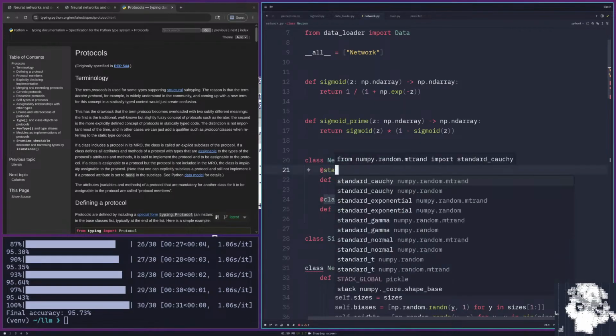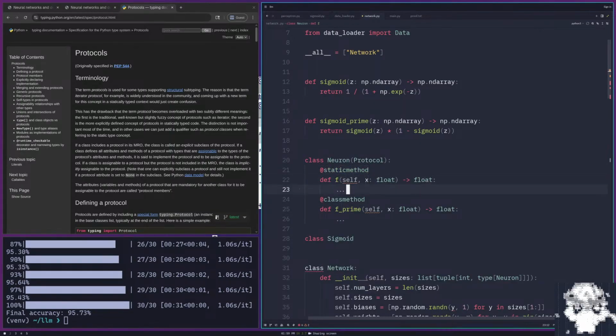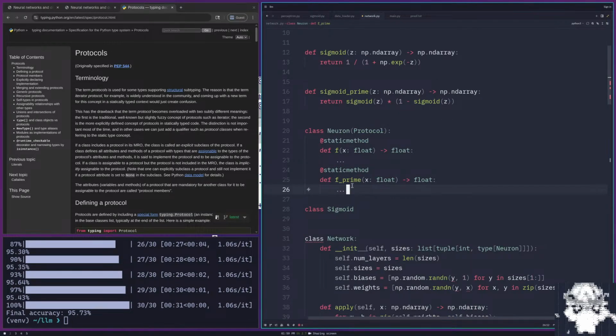Or even static methods. Am I allowed to put the 3 dots here?